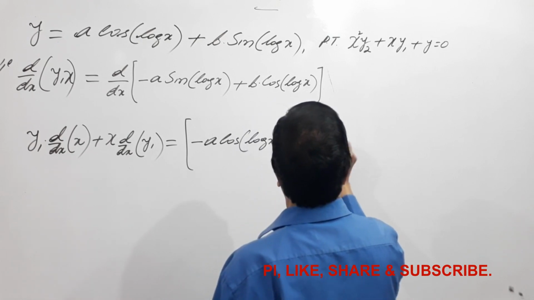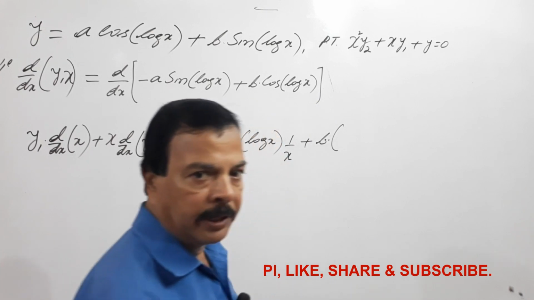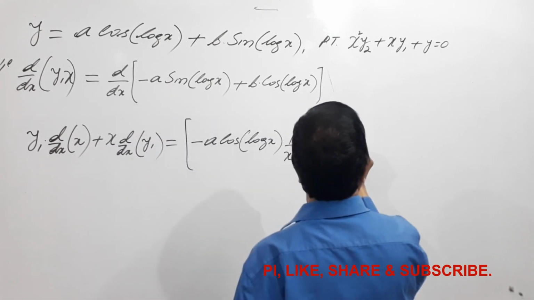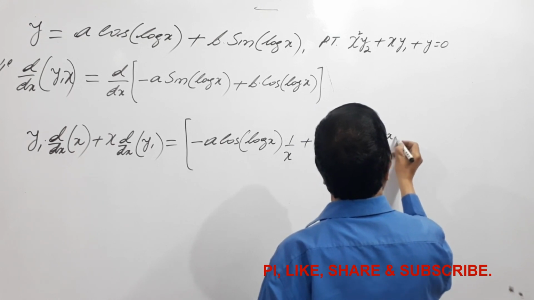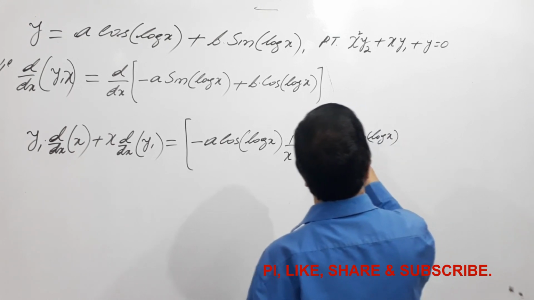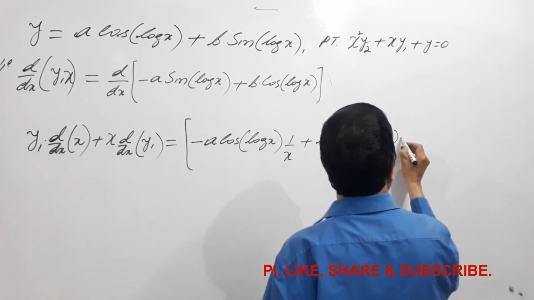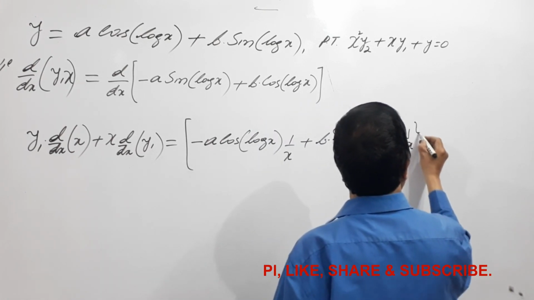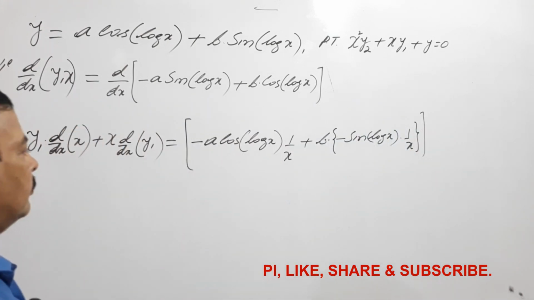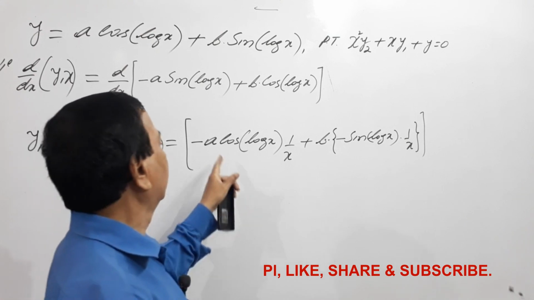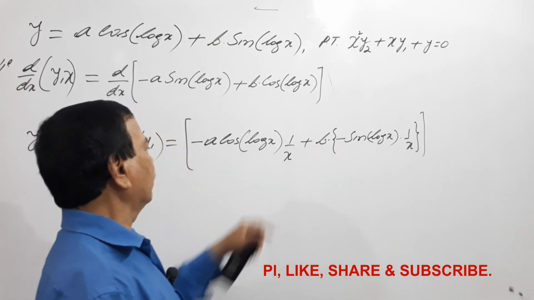Plus b, this becomes differentiation of cos x is minus sin, that is minus sin log x into 1 by x. So what I will do, this minus sign I will take common and I will take this 1 by x common.